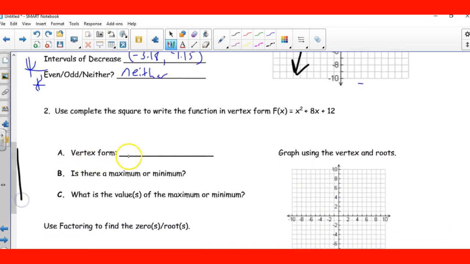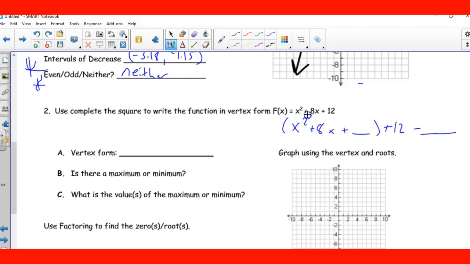Now it says use completing the square to write the function in vertex form. So here we go. Define the vertex form. Remember, we're going to add a space and subtract a space.